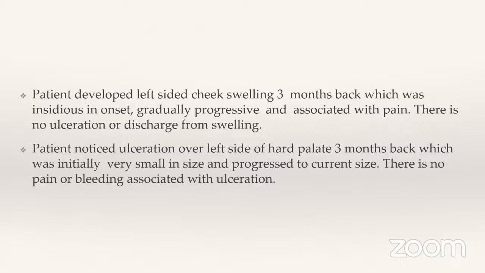Patient developed left cheek swelling 3 months back, insidious in onset, gradually progressive, and associated with pain. There is no ulceration or discharge from the swelling. Patient also noticed ulceration over the left side of the hard palate 3 months back, initially very small and progressed to current size. There is no pain or bleeding associated with the ulceration.